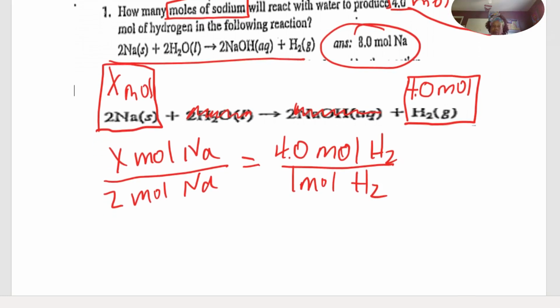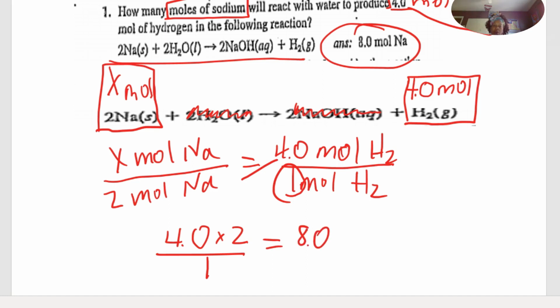So that simply means that I am going to say 4.0 times 2, divide that by what's left over right here, which is a 1. So 4 times 2 is 8.0. Of course, you divide that by the 1, you get 8.0 moles of what you were looking for, which was your X, of sodium. That is your answer.